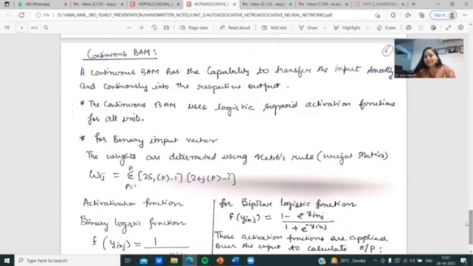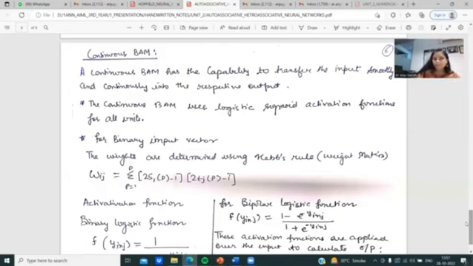Now, the last is the continuous BAM. The continuous BAM has the capability to transfer the input smoothly and continuously into the respective output. The continuous BAM uses logistic sigmoid activation functions for all the units, whatever units we have with us.